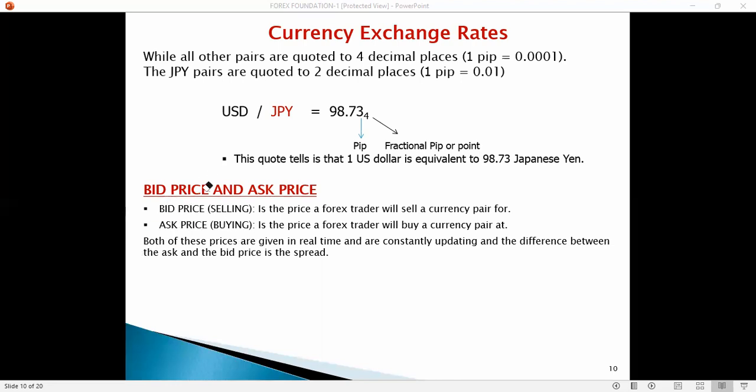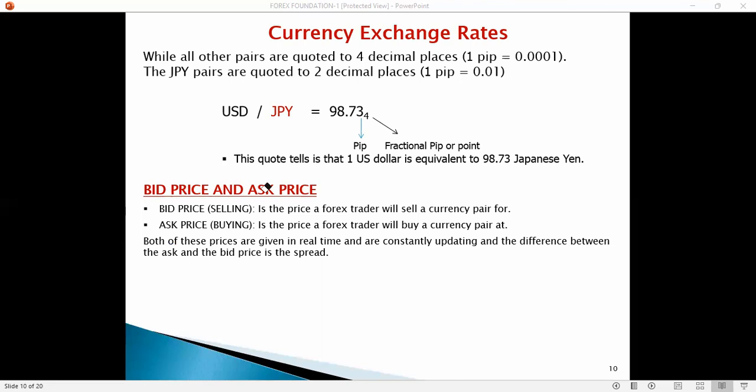The market is the one presenting these prices to you as a trader. So if you are buying, you deal with the ask price, and if you are selling, you deal with the bid price on the market. I hope you understand this very clearly.